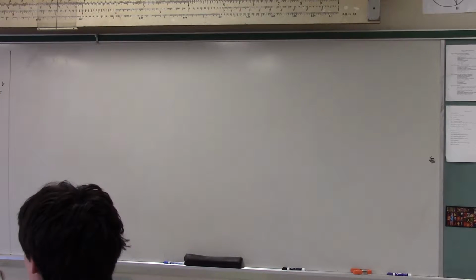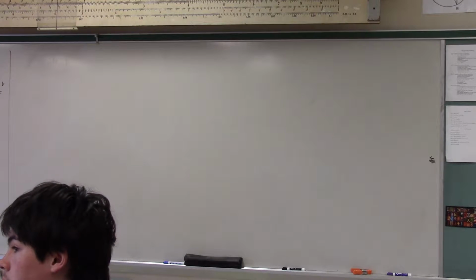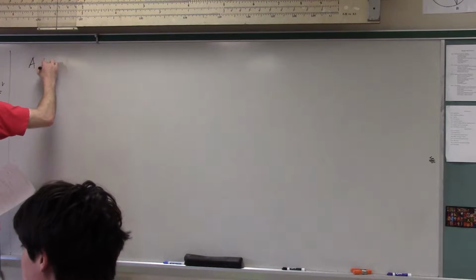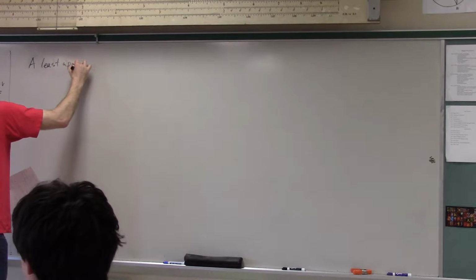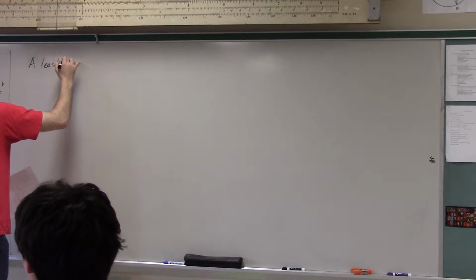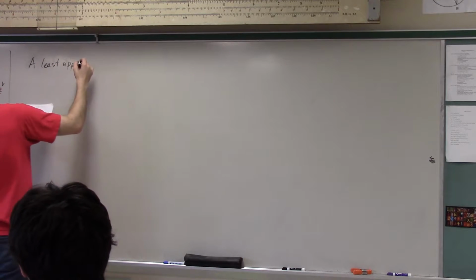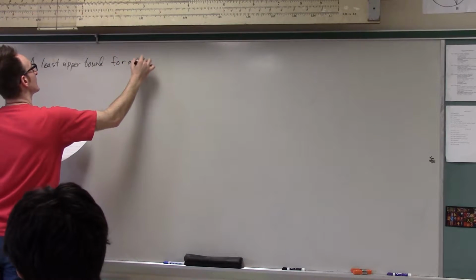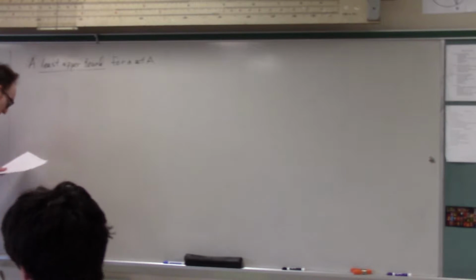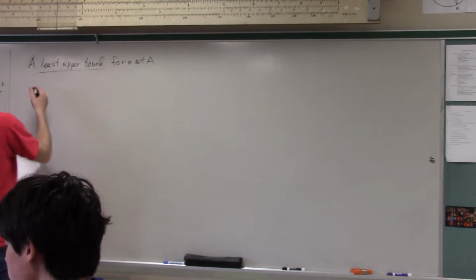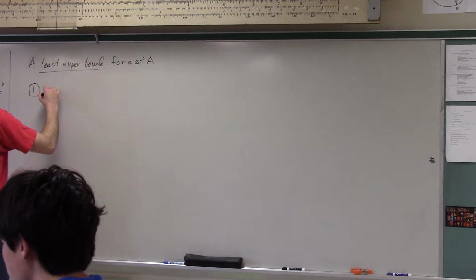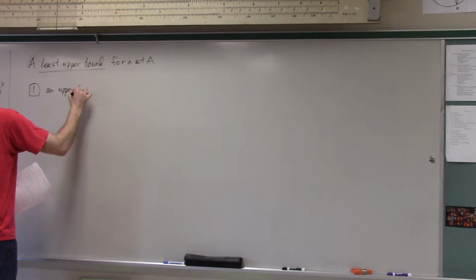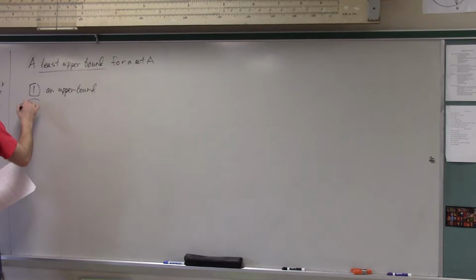Everyone knows what an upper bound is? An upper bound of a set is just a number which is bigger than or equal to every number in that set. So, a least upper bound for a set A is, well, one, an upper bound, and also, it's less than or equal to any other upper bound.